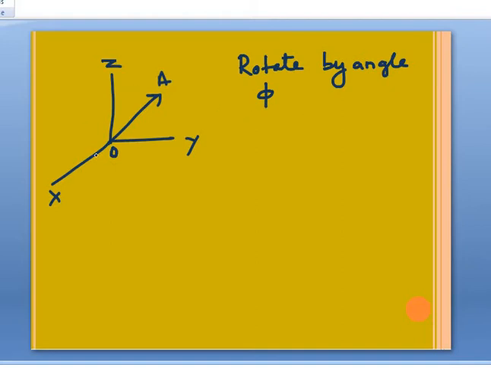Because you are rotating it about the x direction, the new coordinate x will be equal to x prime. So there will be no change. But what will happen to y and z? Y will become, say, y prime, and z will become z prime.